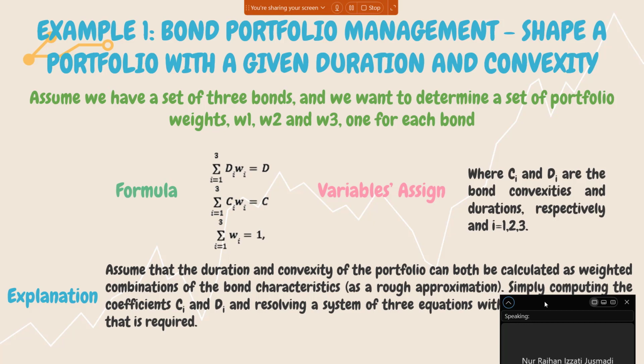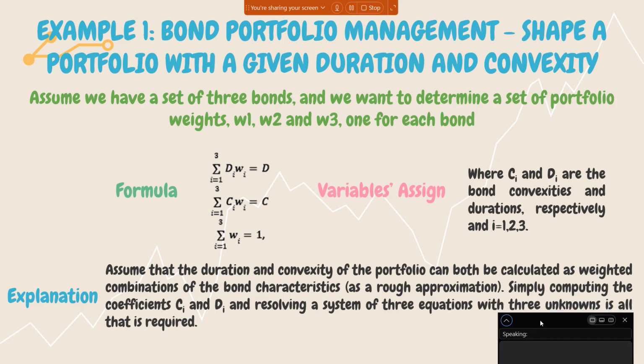The formula is as shown in the slide, and the variables are where Ci and Di are the bond convexities and durations respectively, and i is equal to 1, 2 and 3. For the explanation of this problem, we first assume that the duration and convexity of the portfolio can both be calculated as weighted combinations of the bond characteristics.